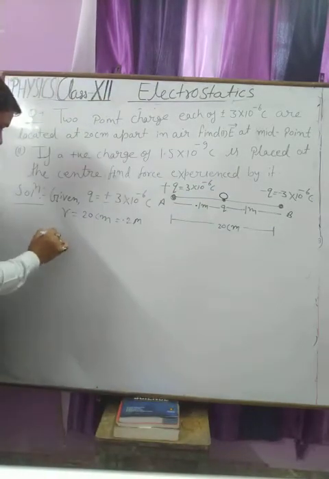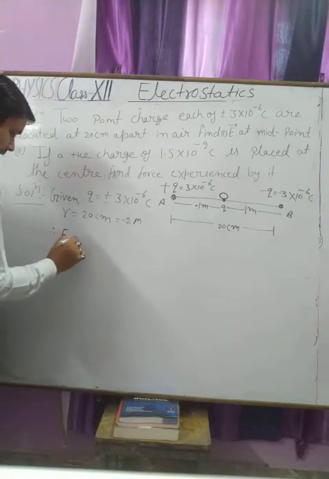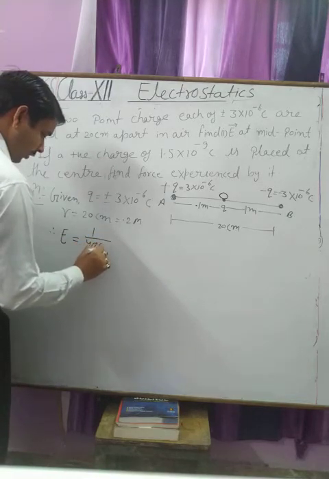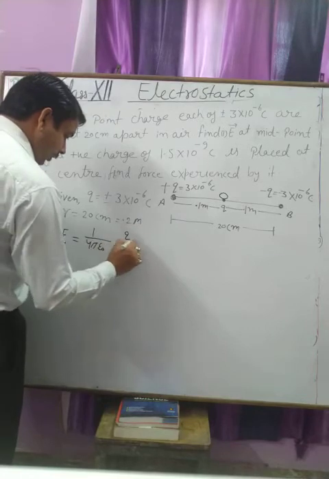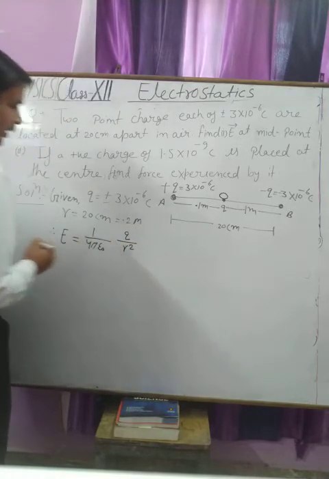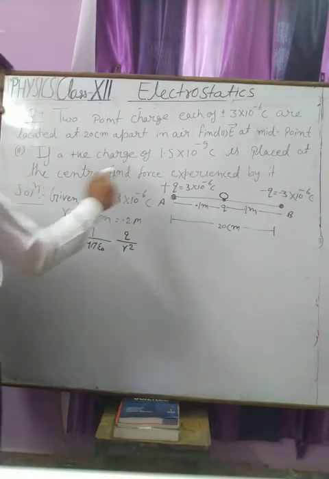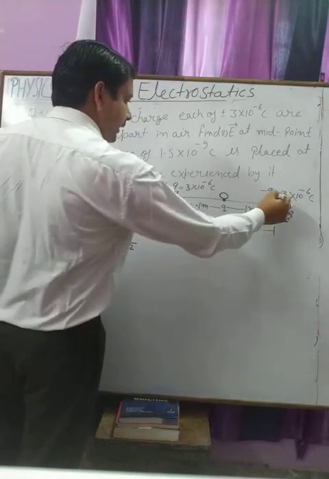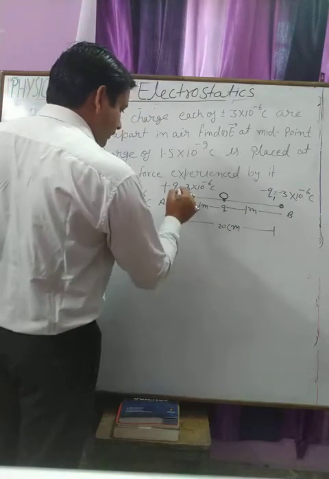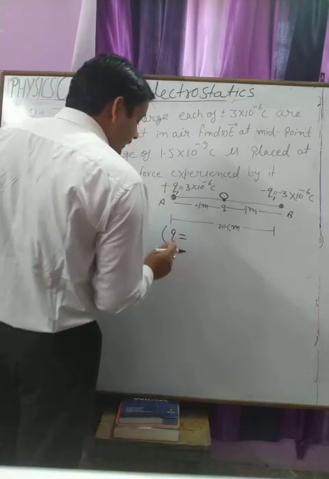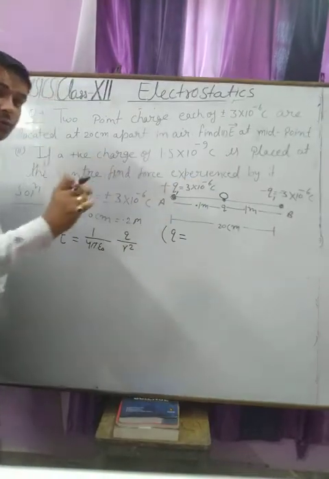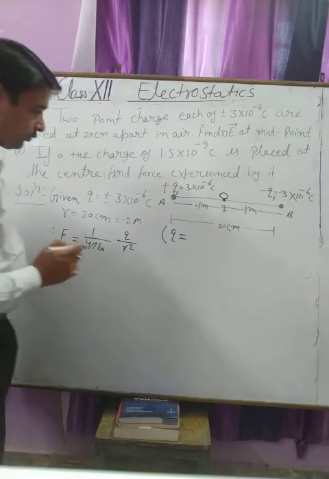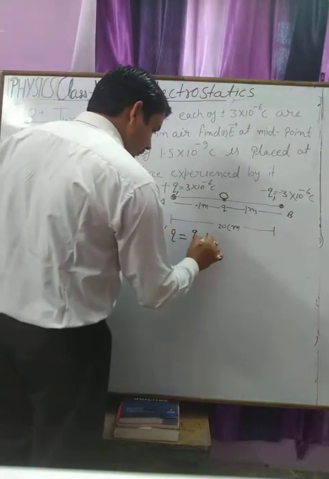Therefore we have the formula of electric field, that is 1 upon 4 pi epsilon naught Q upon R square. Here, the value of Q, we are using Q1 and Q2, is the total charge, that is Q1 plus Q2.